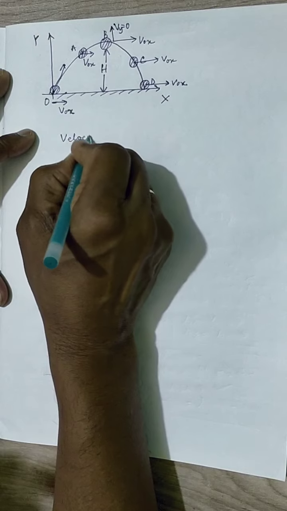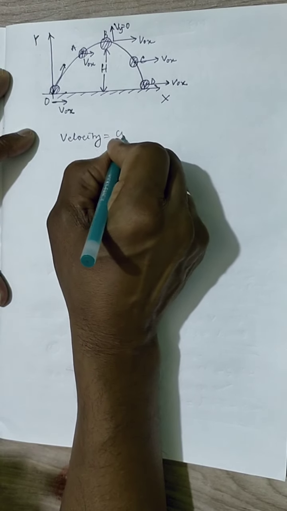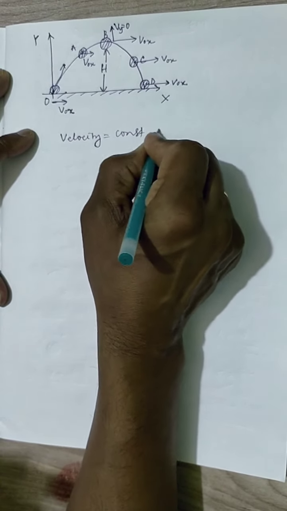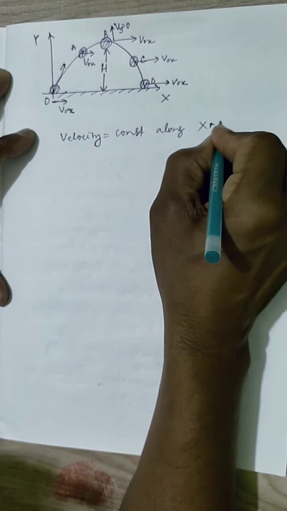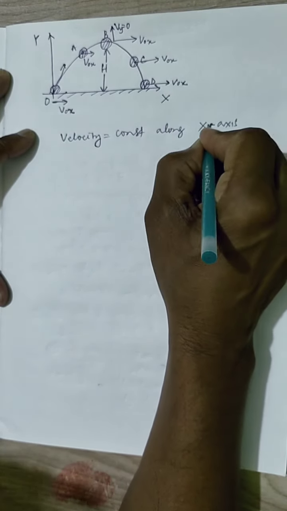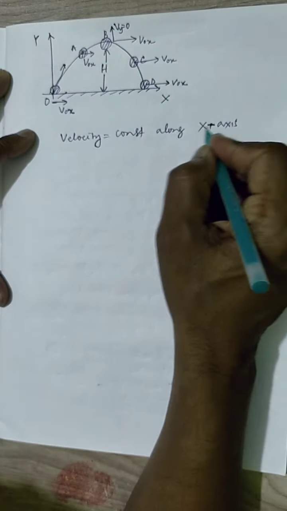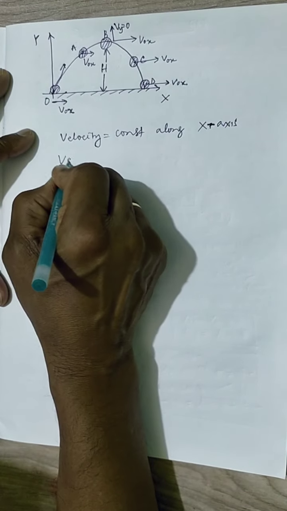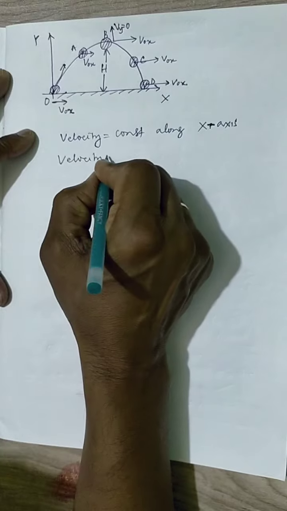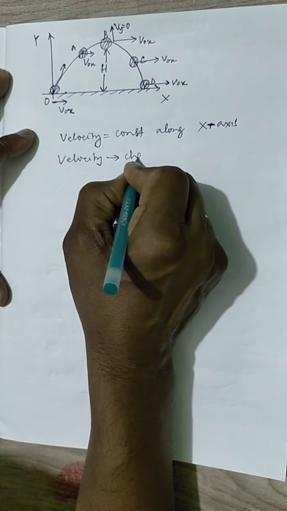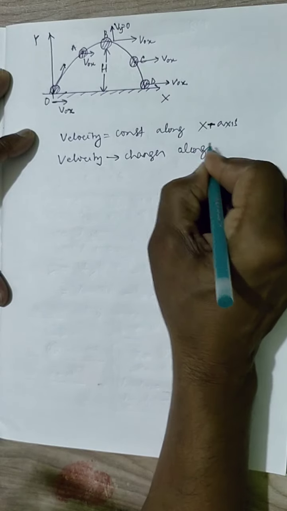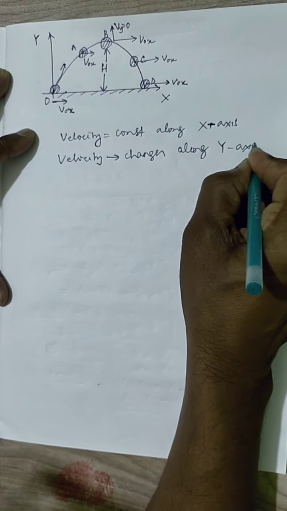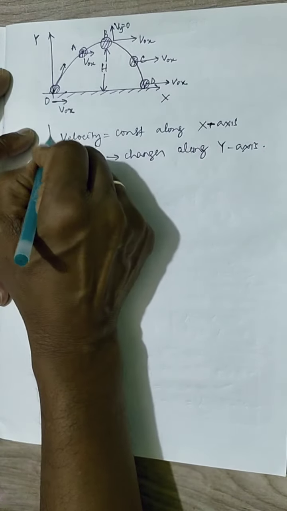Velocity is constant along the x-axis, or parallel to the ground. Velocity changes along the y-axis, or perpendicular to the ground.